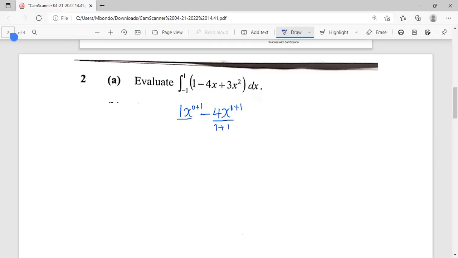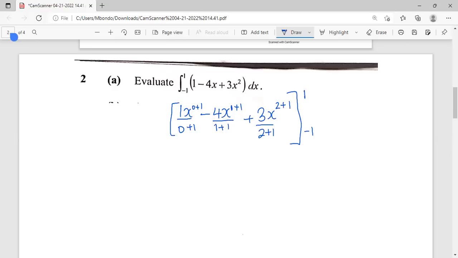Even here we should have said 0 plus 1. Then plus 3 x to the power 2 plus 1. We do the same thing here, we divide by that. Then we bring these limits here, 1 and -1.